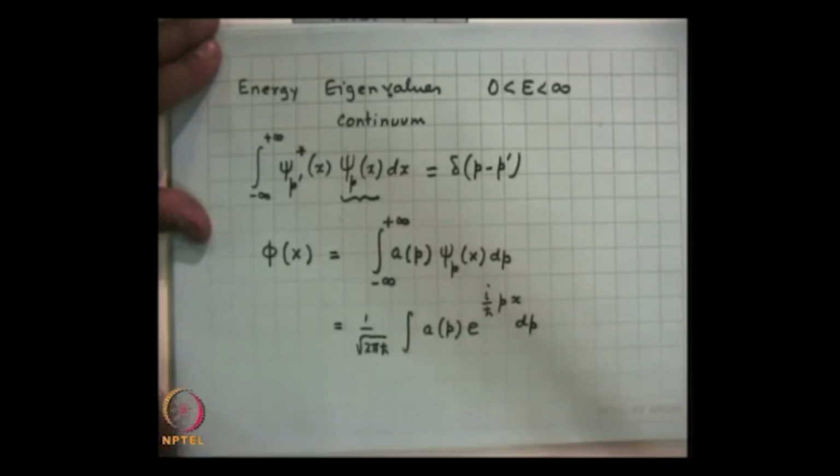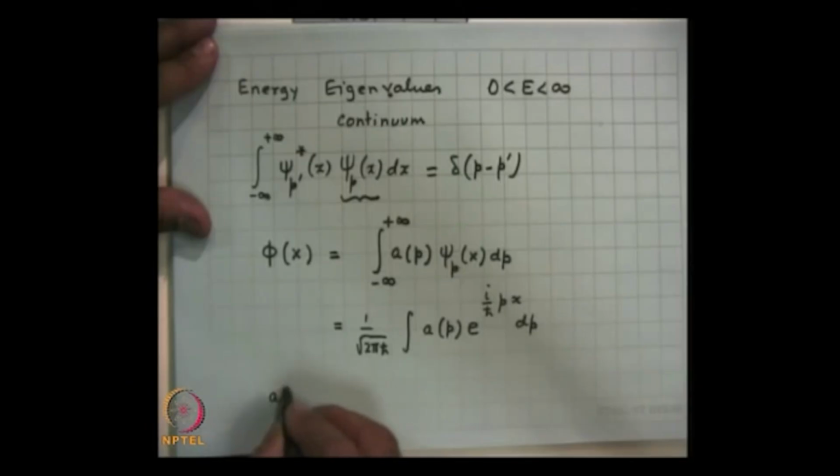So, this is the Fourier transform; it is a superposition of the momentum wave functions. And so, a of p is given by the inverse Fourier transform, which we had discussed at quite a bit of length.